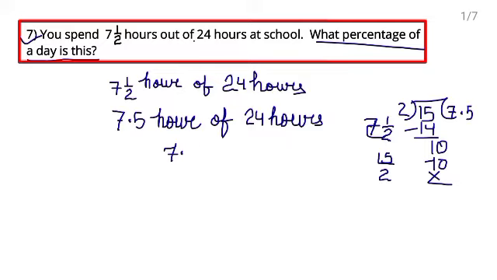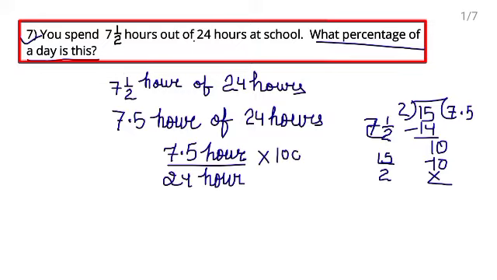First of all, numerator 7.5 hours and denominator will be 24 hours. To write as percentage, multiply by 100 and put percent sign. Now simply solve it. Hours to hours cancel out.